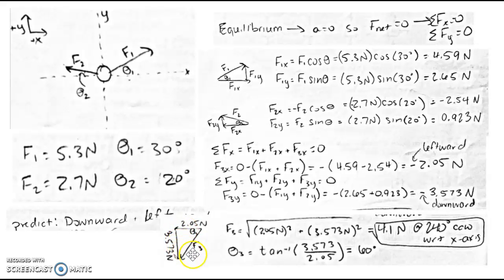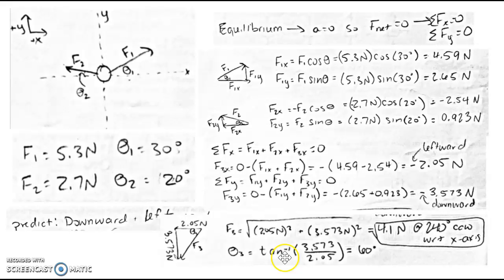Looking at this, I can solve for the hypotenuse by using the Pythagorean theorem, which leads to a magnitude of 4.1 newtons. Since we need to solve for direction as well, I'm going to use the inverse tangent function, just in case I computed my hypotenuse incorrectly, because I know the two legs of our right triangle.